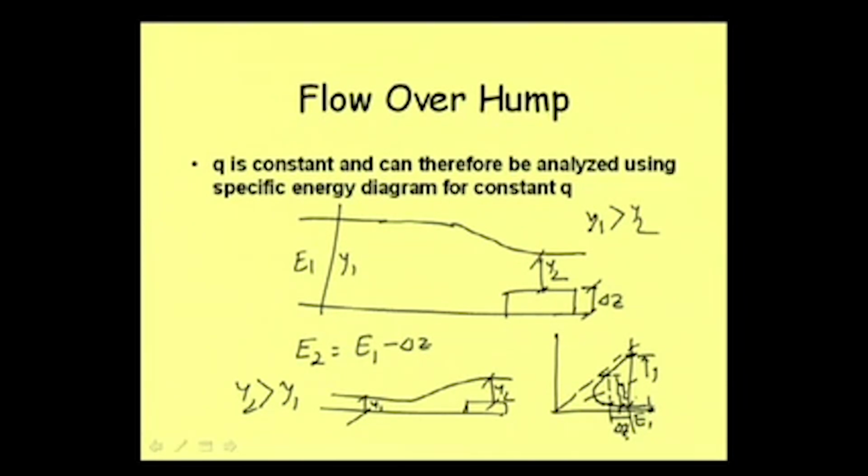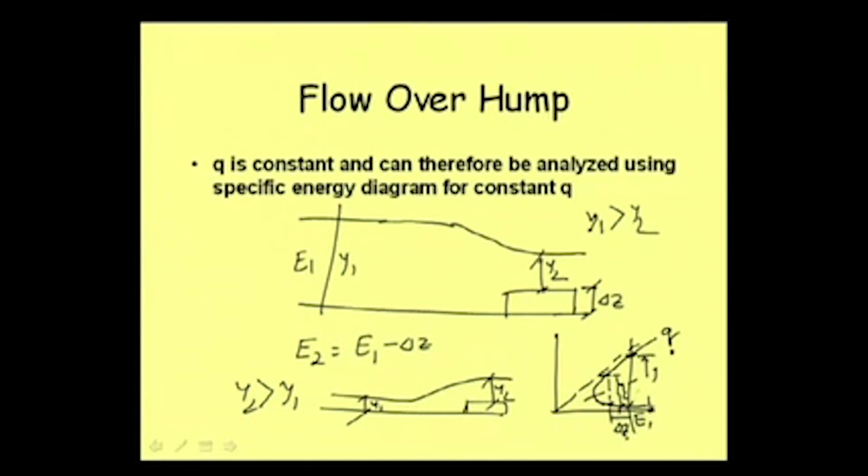And here why we are using this specific energy diagram? Because this diagram is for a constant q, and our q is not changing here, that means the width of the bed is not changing. So, we are using a constant q, and then we can use this specific energy diagram.